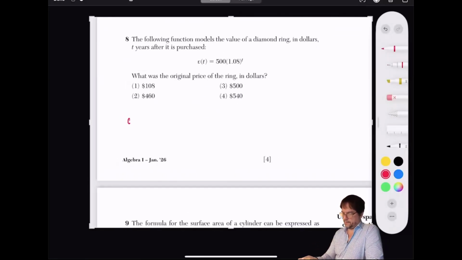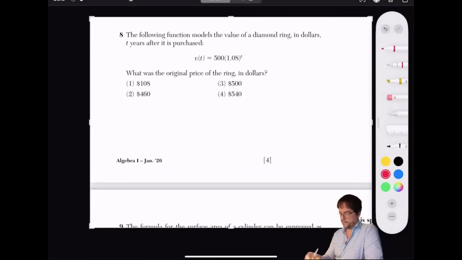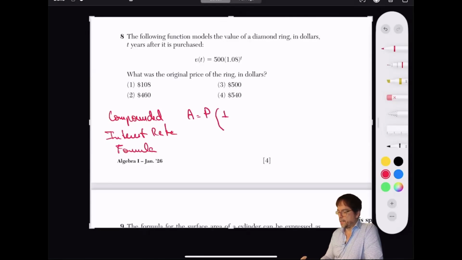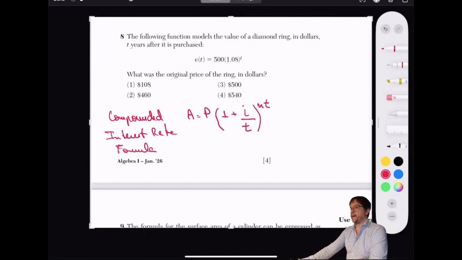In a compounded interest rate formula, you have the amount is equal to principal times 1 plus the interest rate in decimal, divided by the period of time per year, and how many times you apply this period of time.